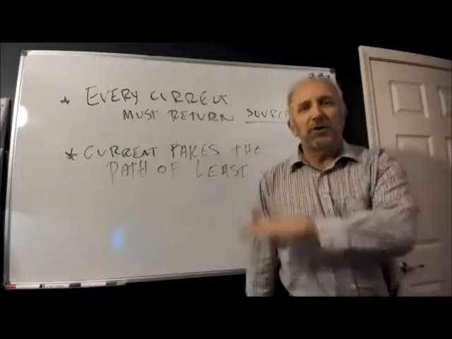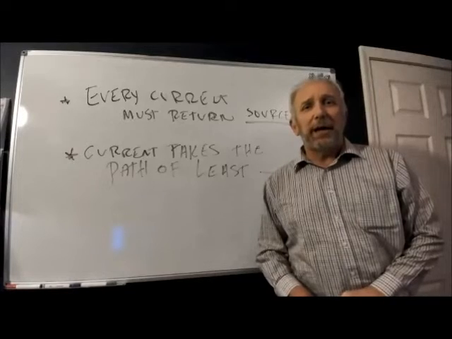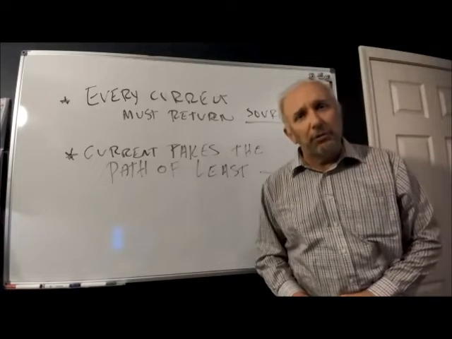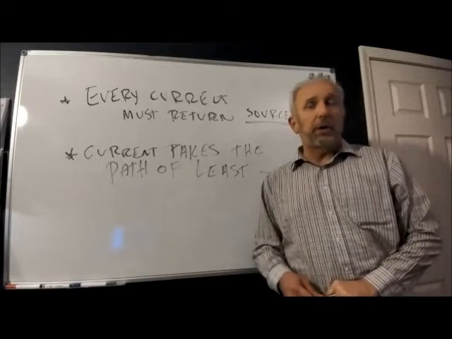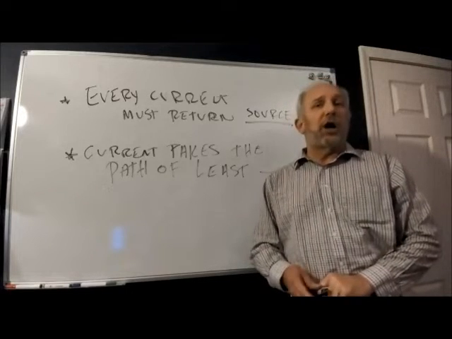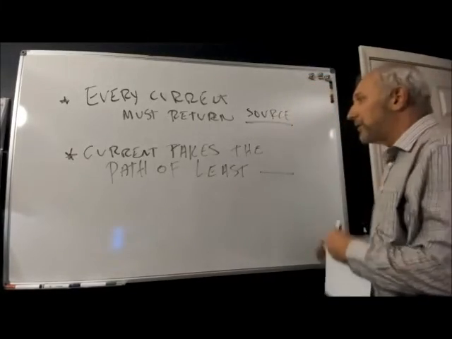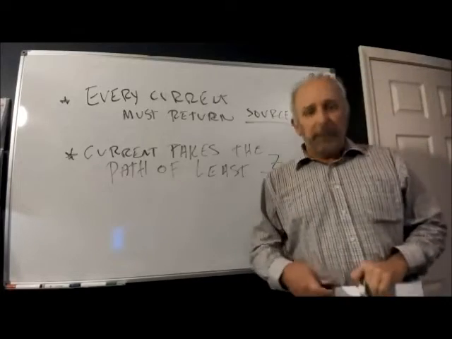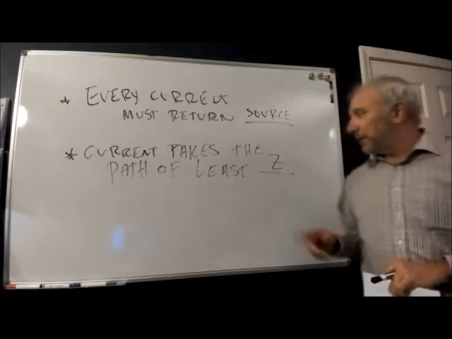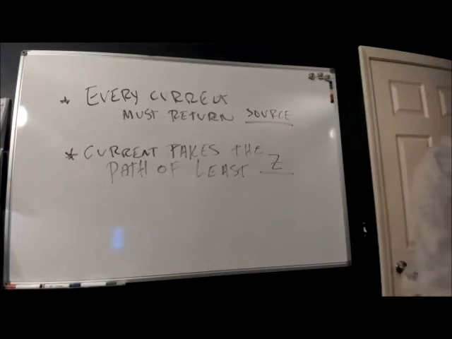Impedance. Absolutely correct. Least impedance. There are some people out there that make a statement that current takes the path of least resistance. That is not true. Now it may be that at a given frequency, the path of least resistance also happens to be the path of least impedance. However, current takes the path of least impedance. I'm going to abbreviate that by the letter Z, with a line through it. I guess that's the way it's done in Canada.